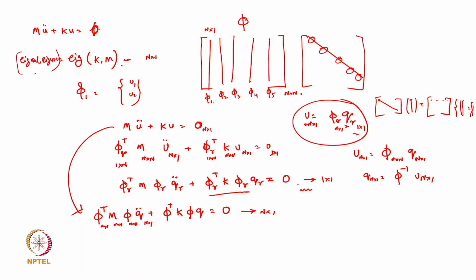Now the thing is that if we can make this k diagonal without hampering the diagonal thing of this, we are done. Make sense? Okay, is that all right?